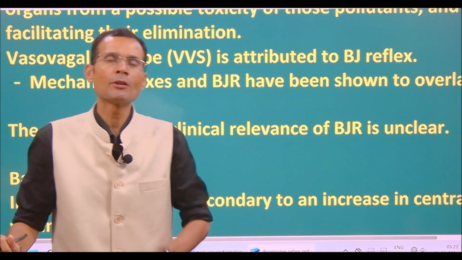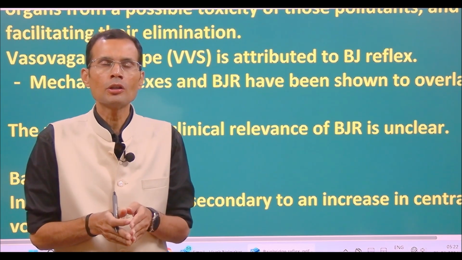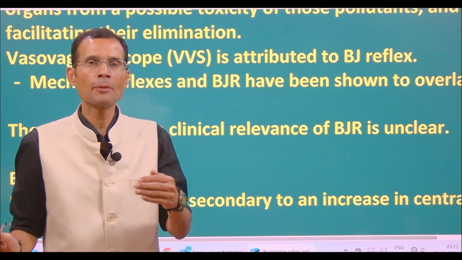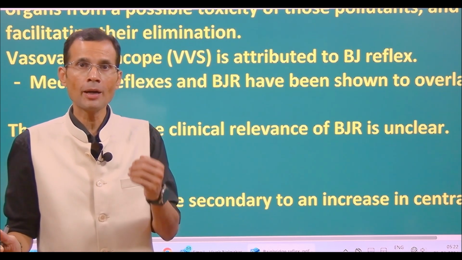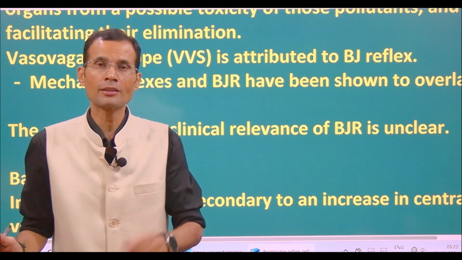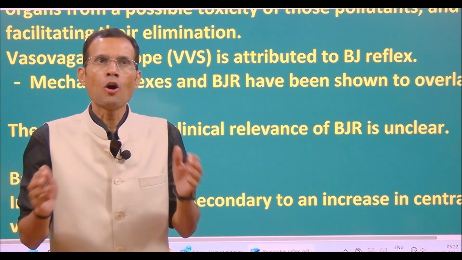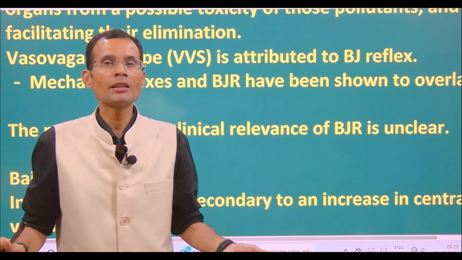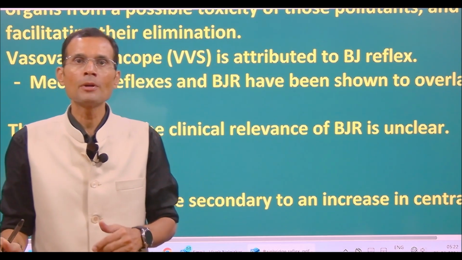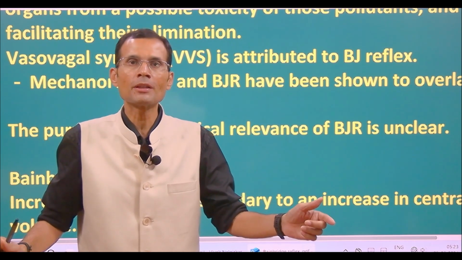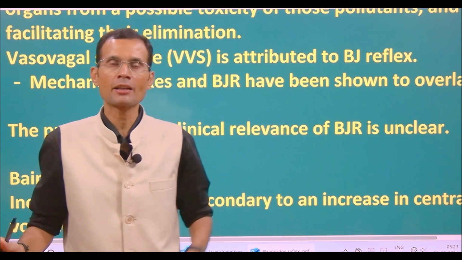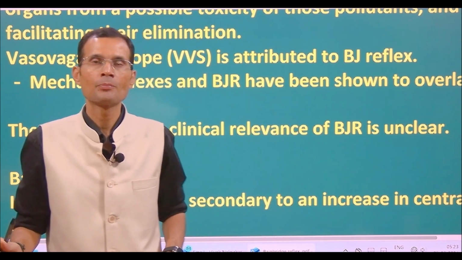All right, just one more point. Although we said that this is a chemical reflex initiated by chemicals, the Bezold-Jarisch reflex often overlaps with the mechanical reflexes. For example, vasovagal syncope, vasovagal syncopal attack, fainting attacks.